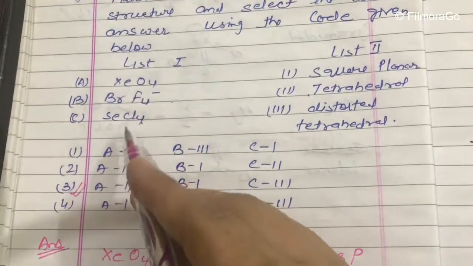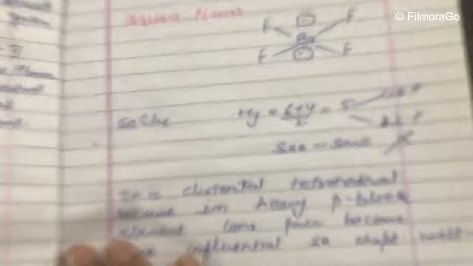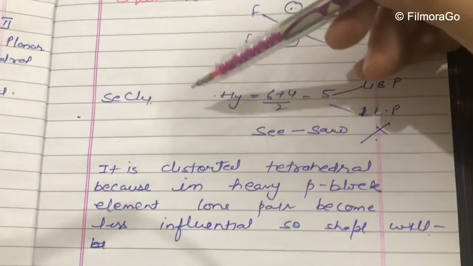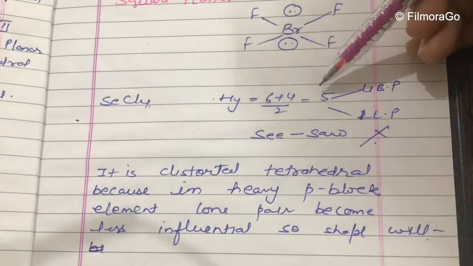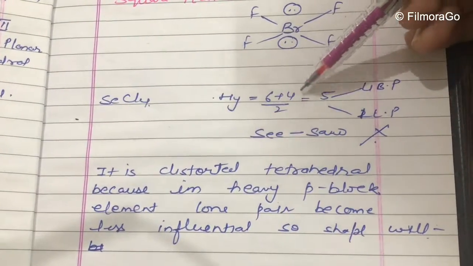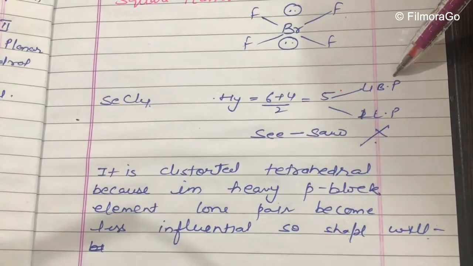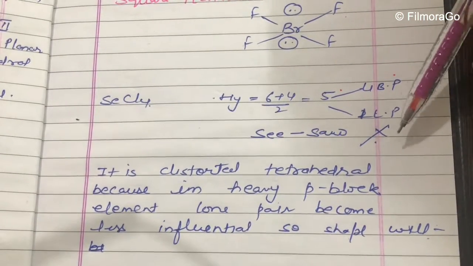We will not go to SeCl4, but I want to tell you about the structure of SeCl4. In case of SeCl4, if we go according to the normal hybridization formula, that is (6 plus 4) upon 2 equals 5, total pair will be 5, so there will be 4 bond pair and 1 lone pair, so the structure should be seesaw.